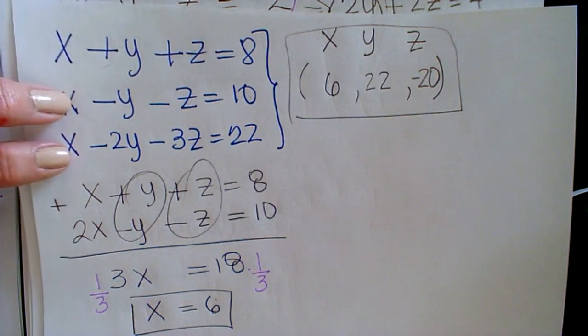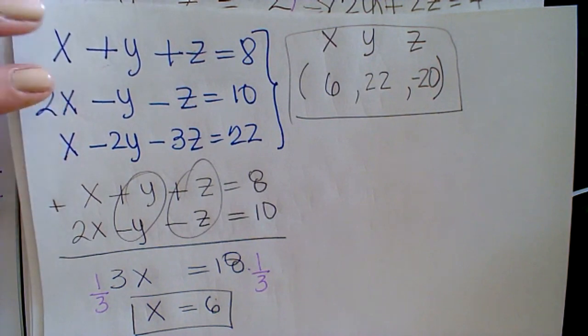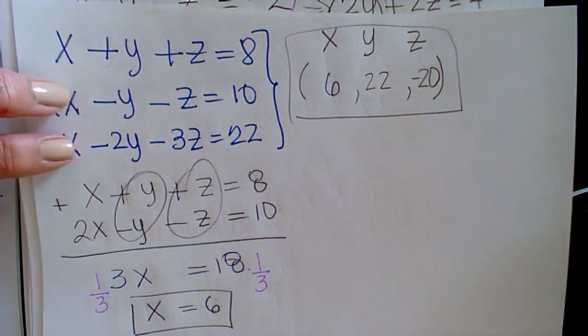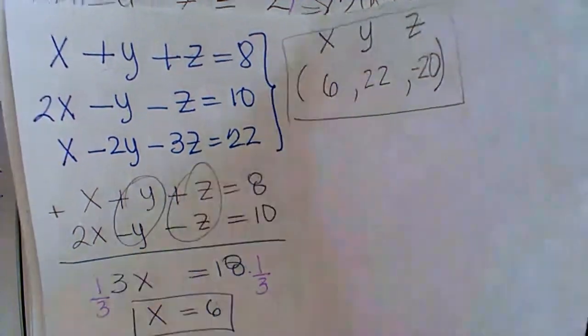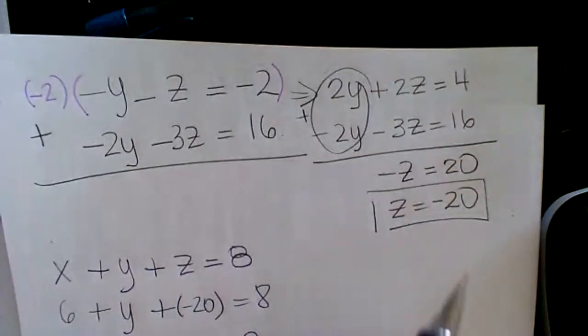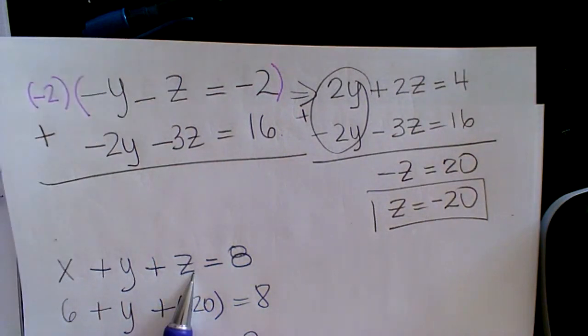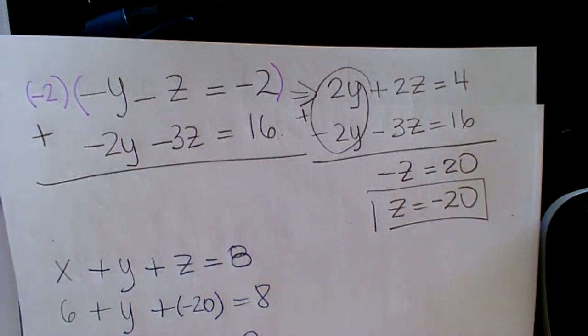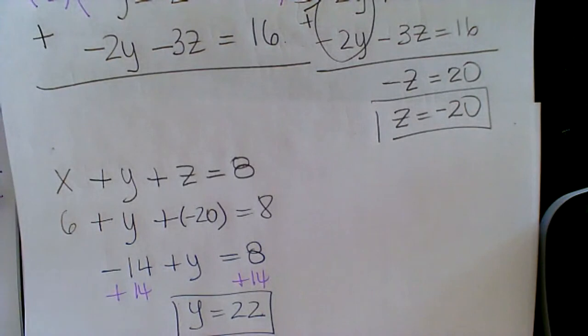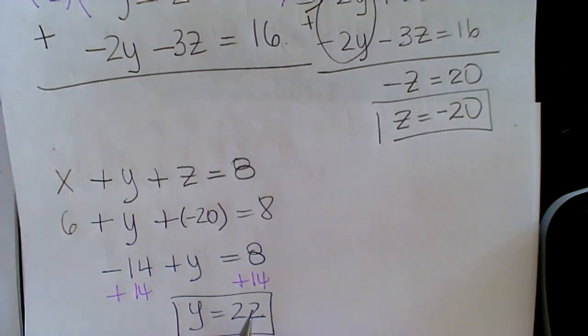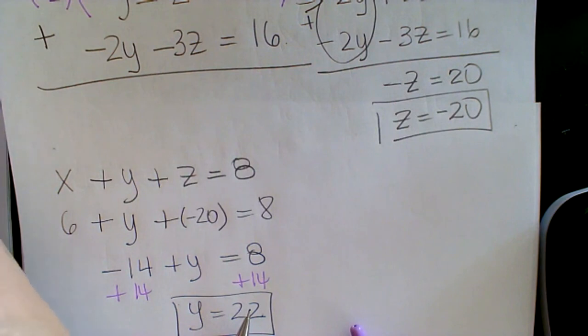On these two. First I used these two, now I'm going to use these two. When I got them together, z equals negative 20. Then I went back to number 1 and replaced it to find y equals 22. That's what I did there, guys.